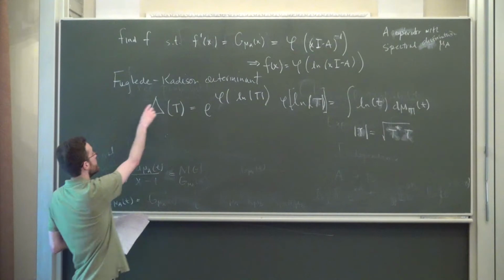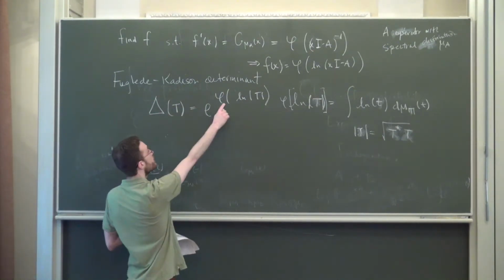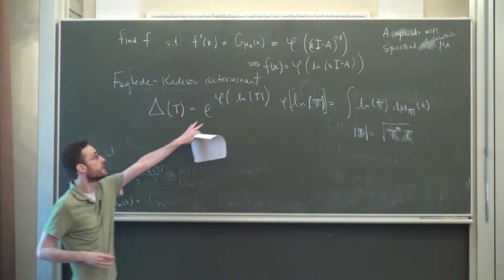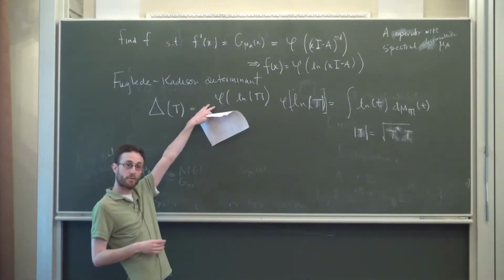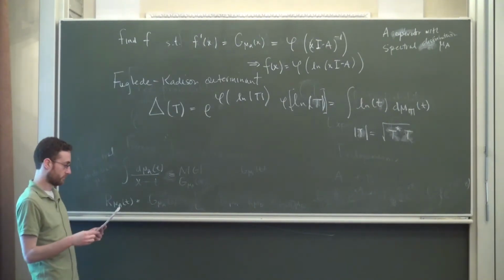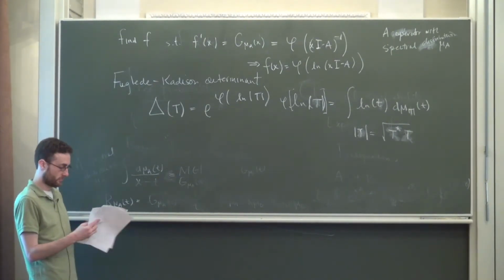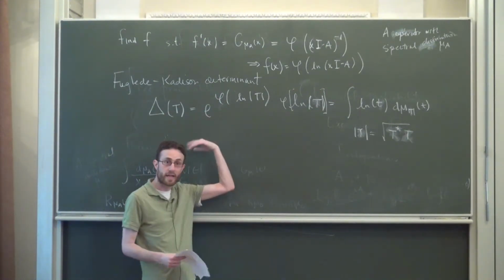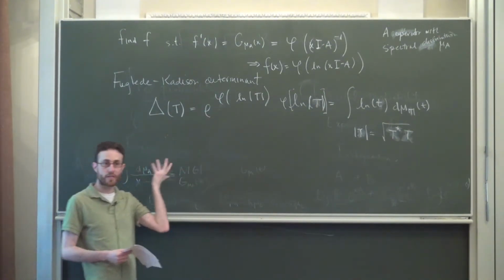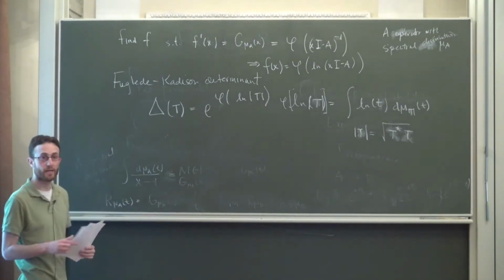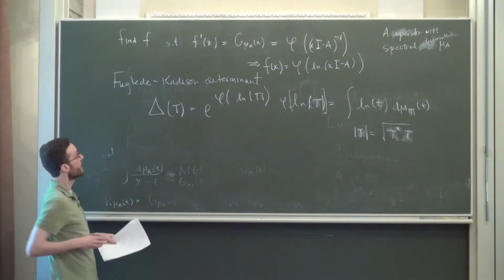In our case, it's going to be the normalized trace. The problem is when you take the regular trace and then take things in an infinite limit, the trace becomes infinite. So you have to define something which still remains finite, and that's what Fuglede and Kadison did.